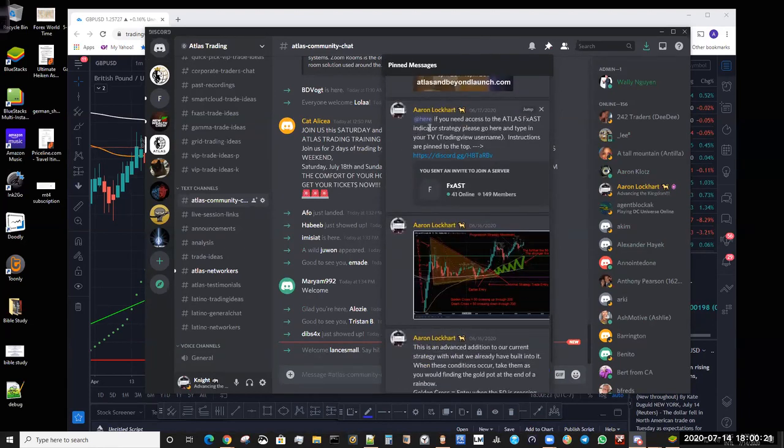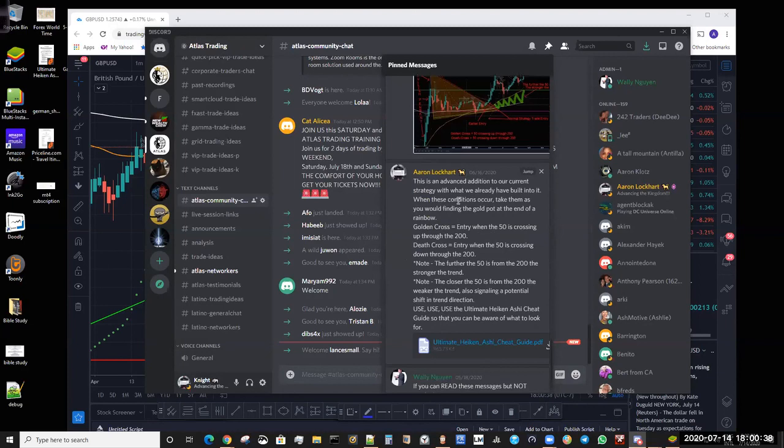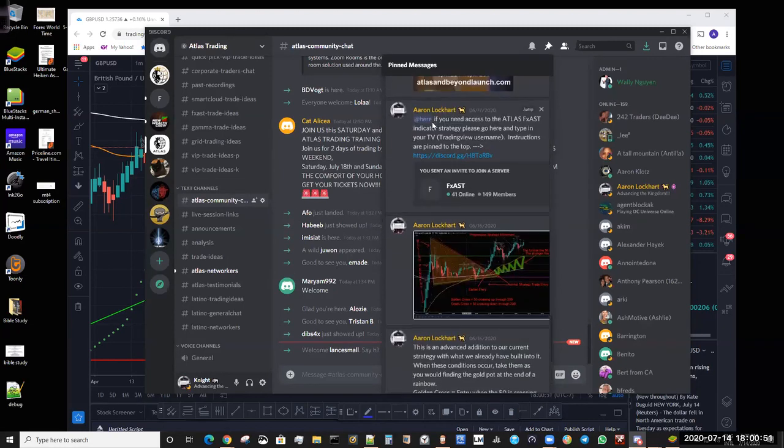Here is the information from 6/17/2020. It tells you what to do to get the fast indicator. There's also some other information that I pinned. Please look at this information. Please download this guide to your desktop. I put this together for you. Please follow the instructions to get the indicator.